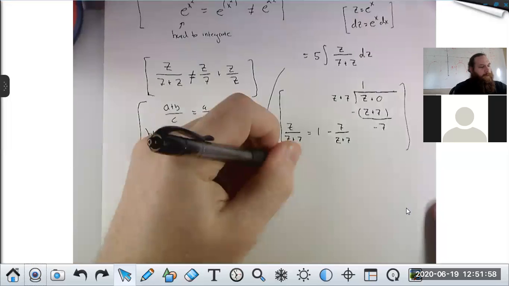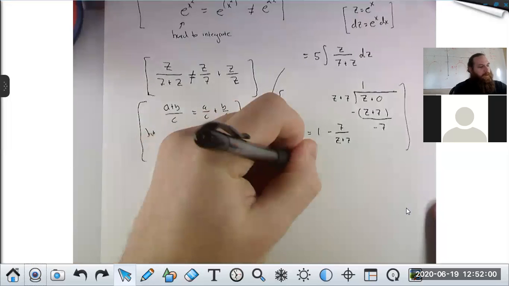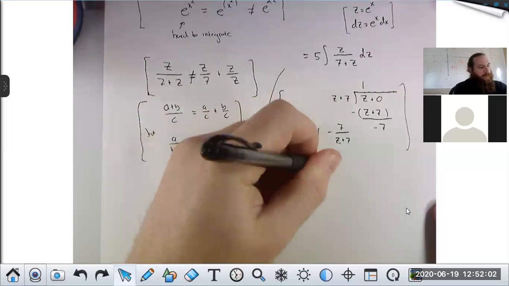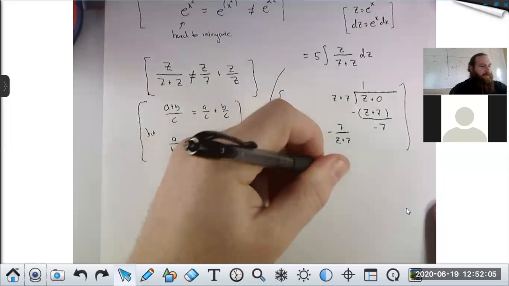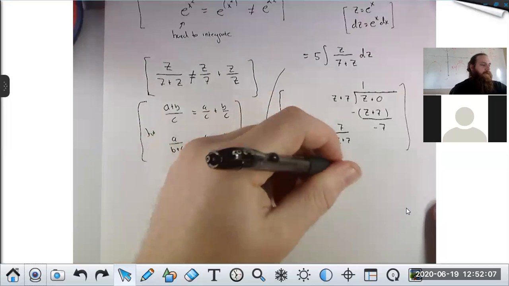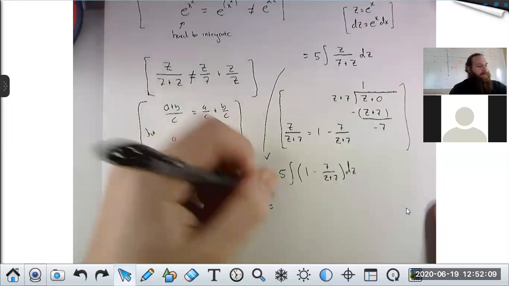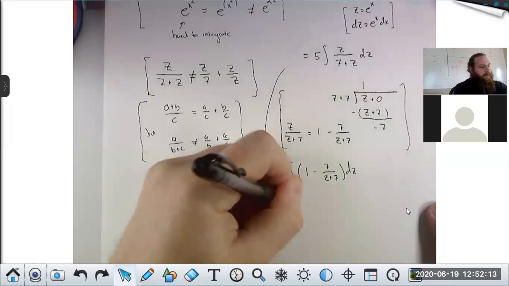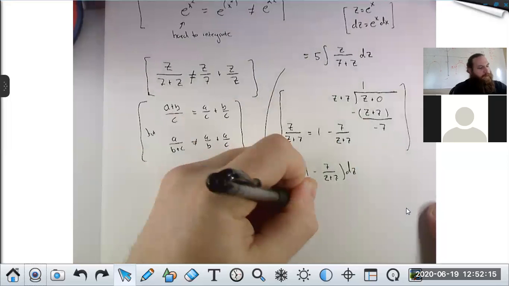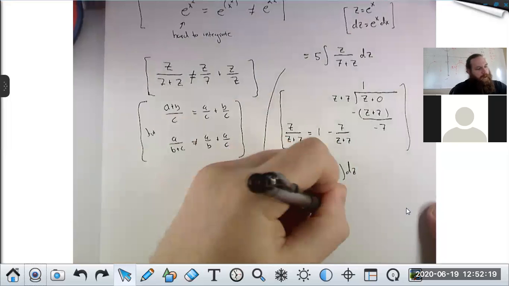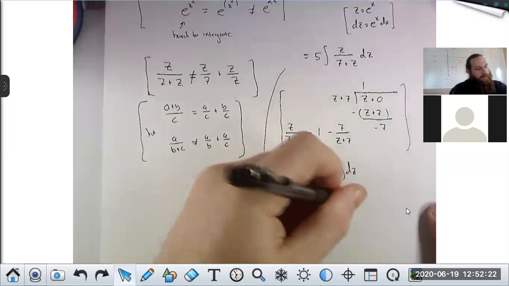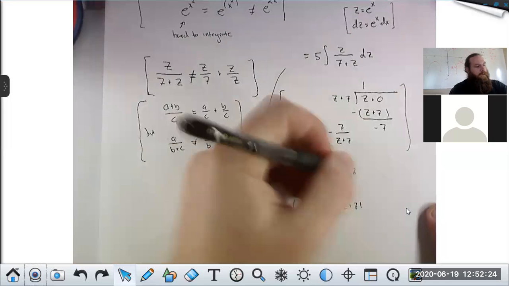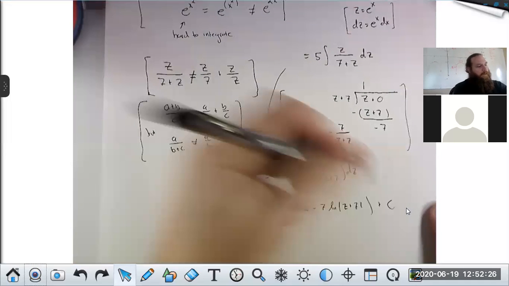5 times the integral of 1 minus 7 over z plus 7 dz. Now this guy is a micro u-sub for z plus 7, so this is 5 times z minus 7 ln absolute z plus 7 plus c.